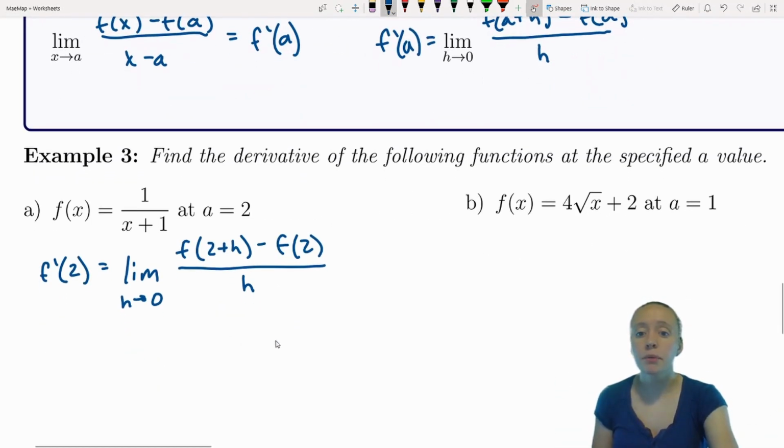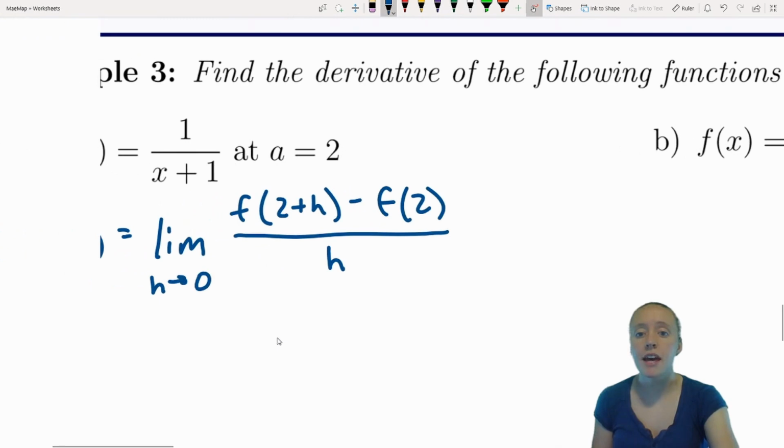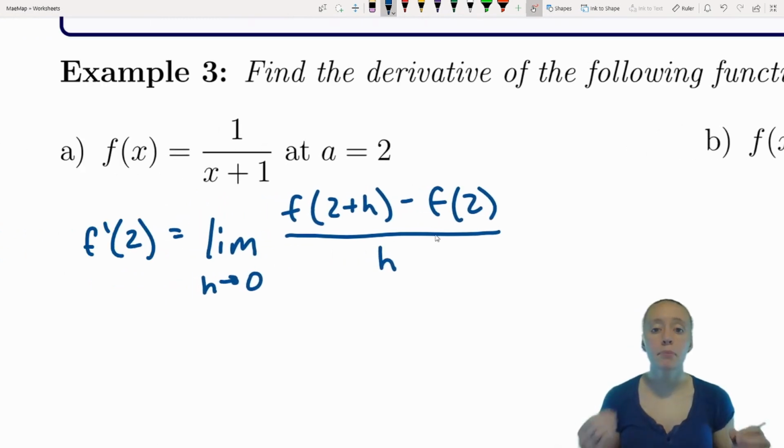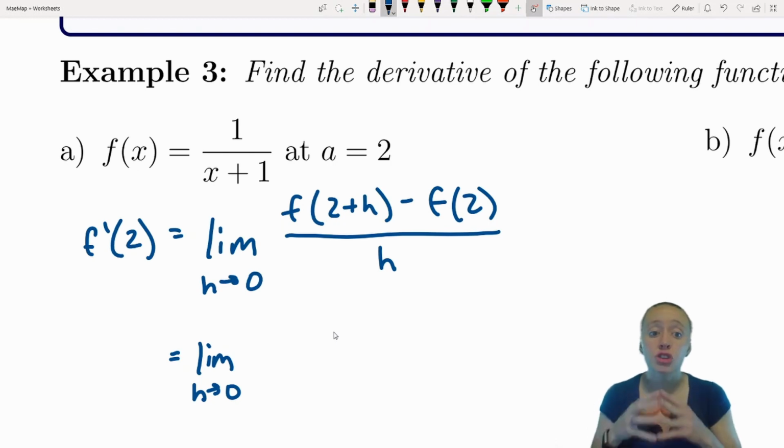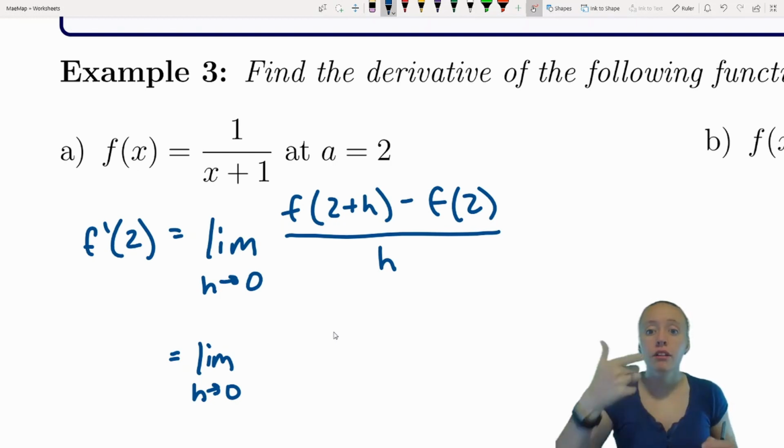Now that we've got that formula down, let's go ahead and zoom in and manipulate it. What I'm plugging in is now I'm not just plugging in my function, I'm plugging in my function of 2 plus h. So this is going to be equal to the limit as h approaches 0 of, I'm plugging 2 plus h in for x.